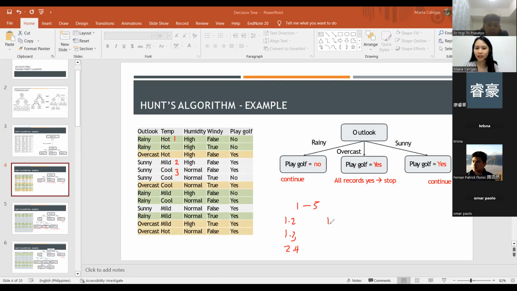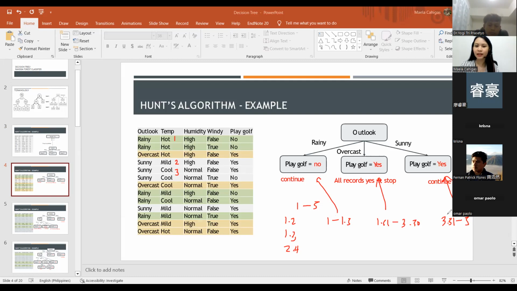Maybe the best split for the first node would be from 1 to 1.5. How about for this one? The best split would probably be around 1.51 to, let's say, 3.5. And for the next node, we have a good split of 3.51 to 5.